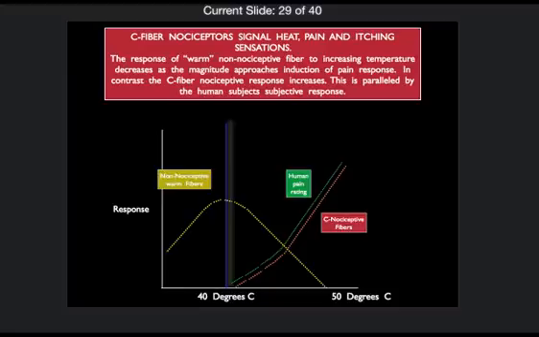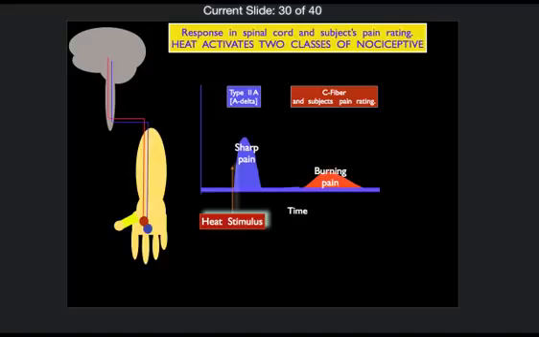They're polymodal. They will respond to heat, they'll respond to acid, they'll respond to cold. So in their primitive way, they are a bit more complex. And response in spinal cord in subject's pain. The bottom line on the experiments on this is a type 2A, A delta, gives when there's sharp pain, it's being conducted along that route. The C fibers are the burning pain.